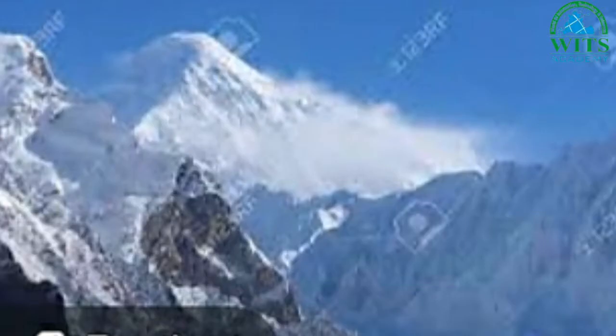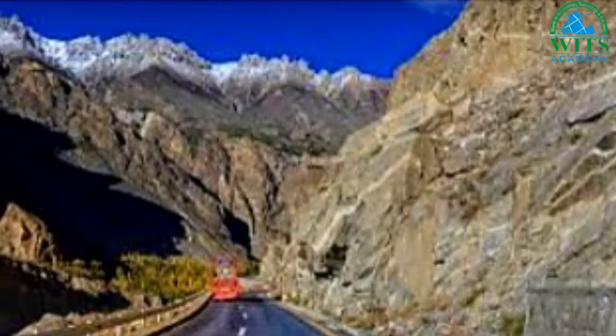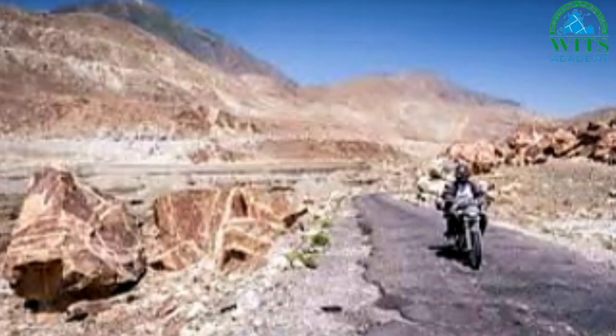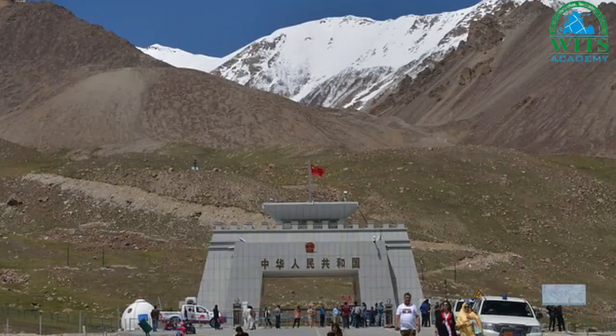K2 is the second highest peak in the world. On the other hand, Mount Everest is the highest peak in the world at 8,848 meters.